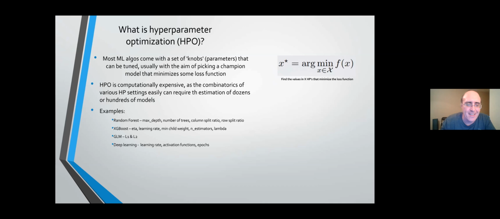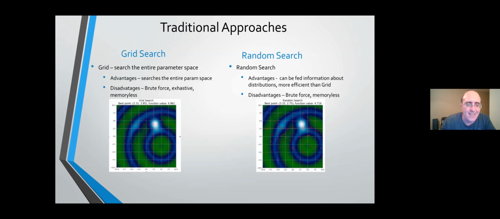So it's just saying look for the X star, or the little x, that is contained within the entire hyperparameter space. And then there's f of x, which is just the function, which would be a loss function. So if you look at your grid search, the big X is like all the possible locations, and the small x is like the spot that you're looking for? Exactly. Thank you. Great question, by the way.